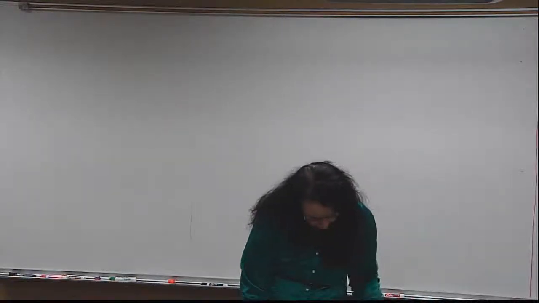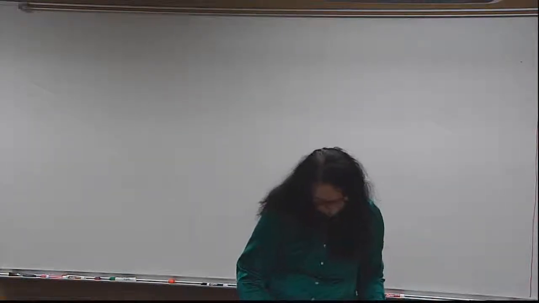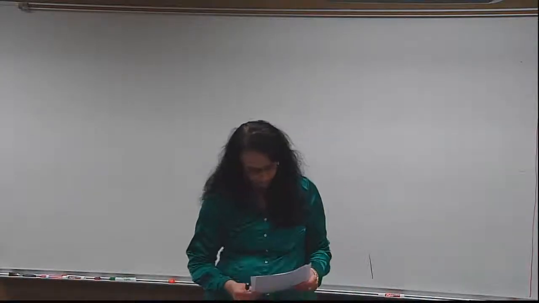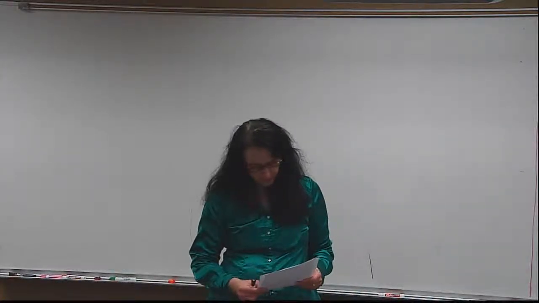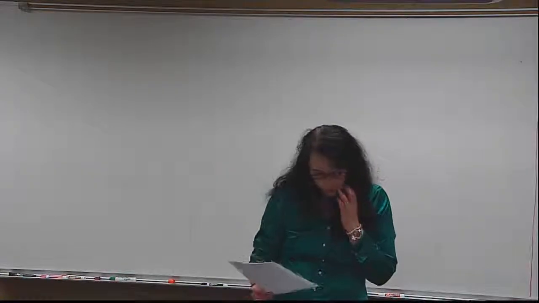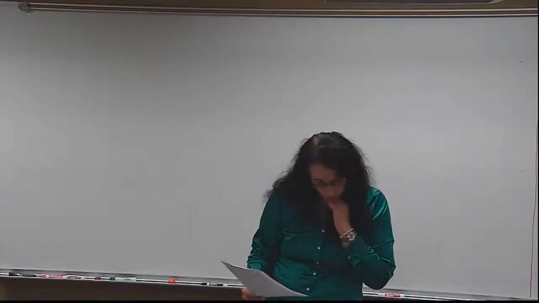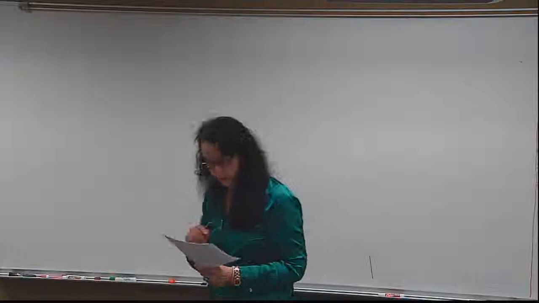What else have I prepared for you? I had cooked up some extra credit, but I don't know if you have time, but write it anyway, so please write it down.